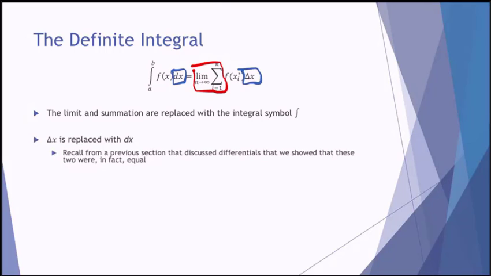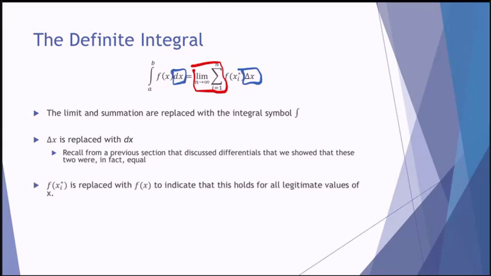If you remember when we talked about differentials, dx and delta x are not exactly the same thing. Delta x is the change in x of the function, whereas dx is the change in x of the derivative. However, we talked about the fact that those are actually equal to one another in these cases. So we are replacing delta x with dx instead.